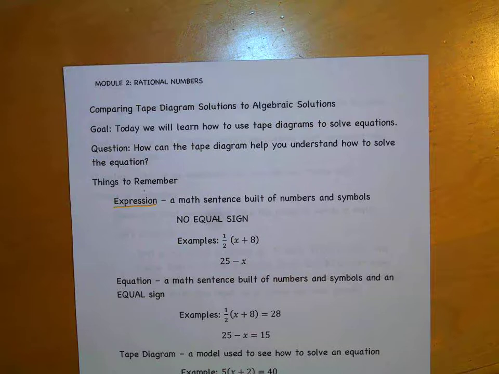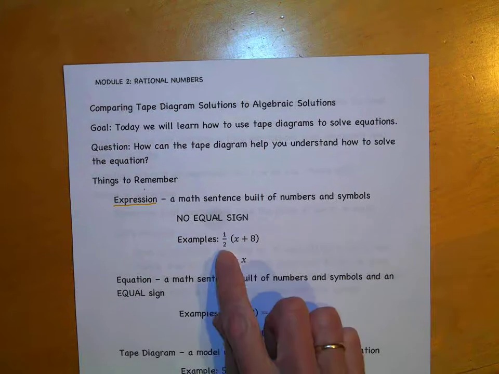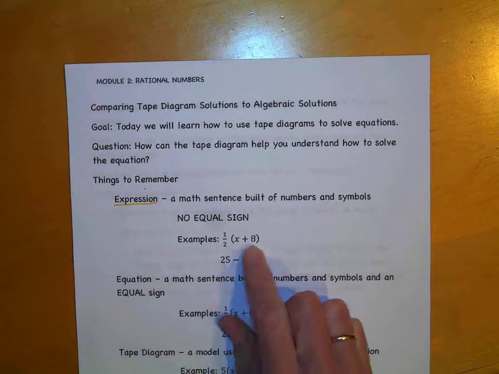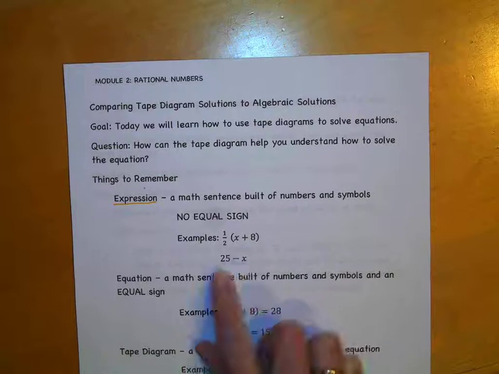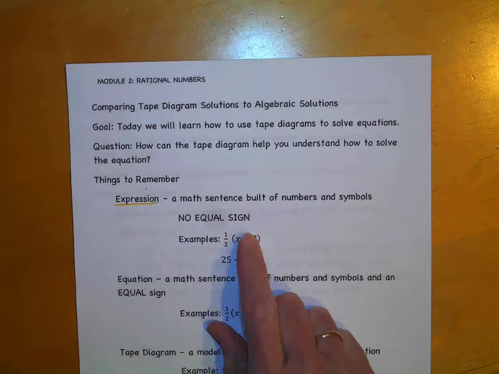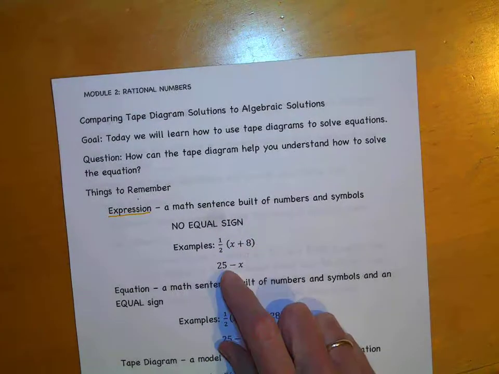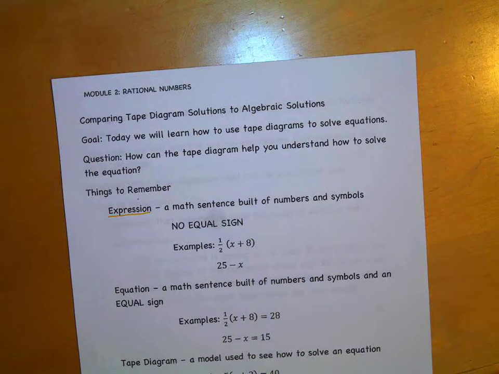So if you don't see an equal sign, then the math sentence is called an expression. Examples are 1/2 times the quantity x plus 8, or 25 minus x. Both of these are expressions because do you see an equal sign anywhere? The answer is no, you don't. So that's what makes an expression.